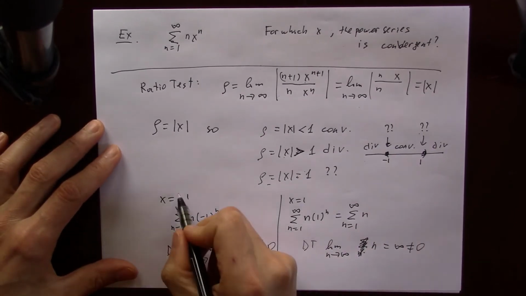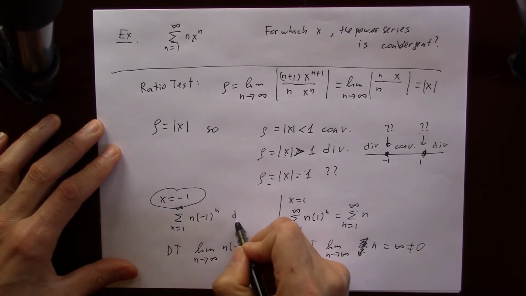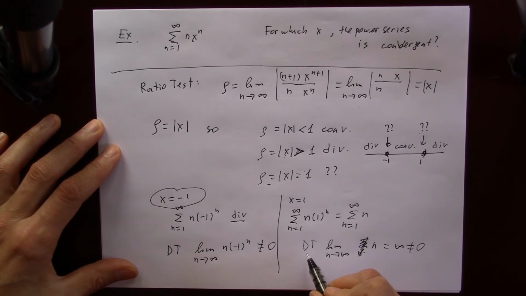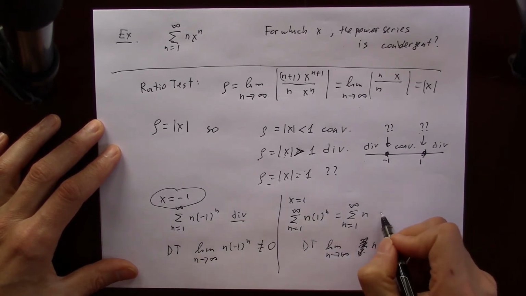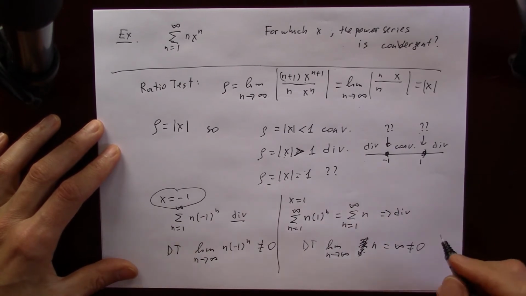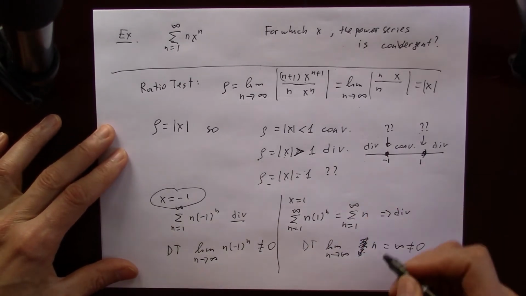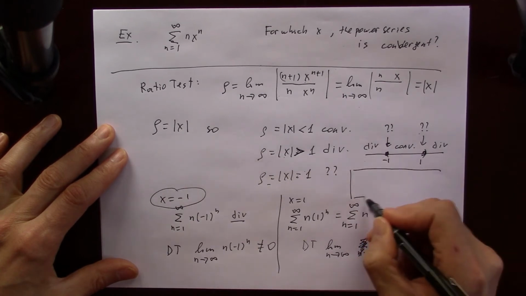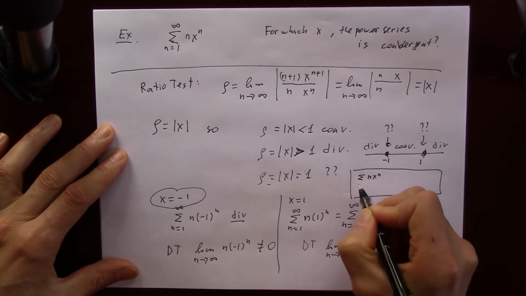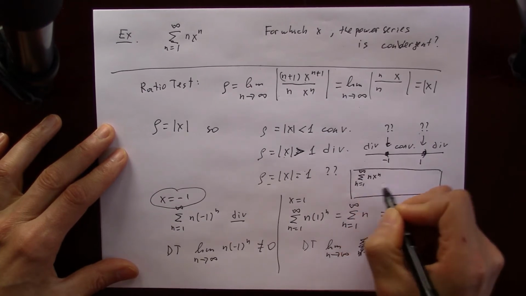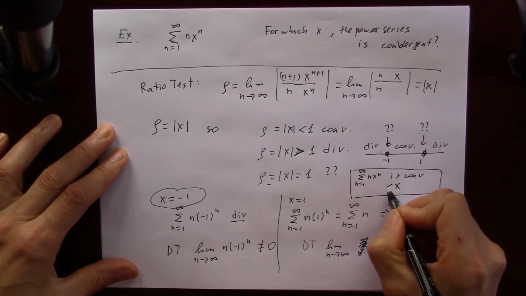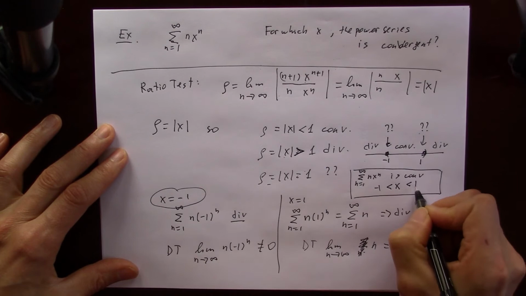So in both cases, x equals -1 and x equals 1, the limit is not equal to 0, so the series is divergent. So our answer to this question is going to be something like this. The series of n x to the n from 1 to infinity is convergent when x is strictly between -1 and 1.